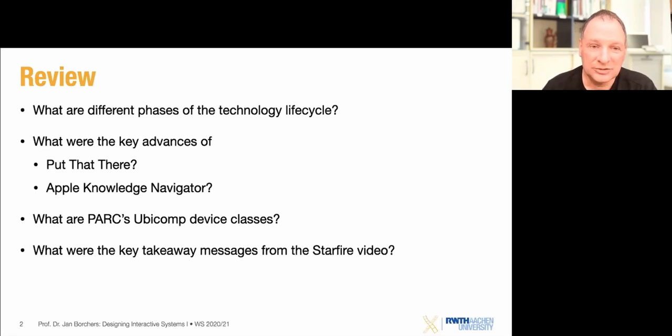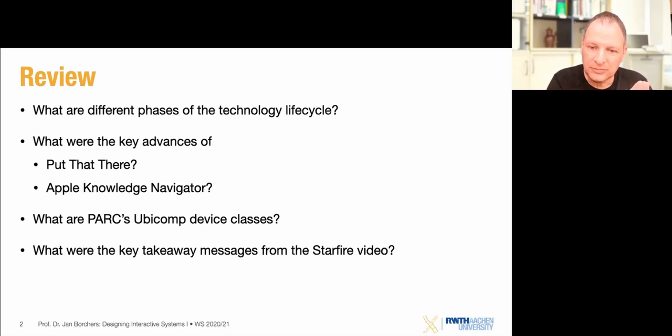Yeah, good. So that actually leads to a second part, right? The first part was, what were the key suggested technical innovations that people might expect from office systems of the future? And then there was a second set of messages to take away from the Starfire video, which is, if you have to do a video prototype, what are some ideas on how to best do that?